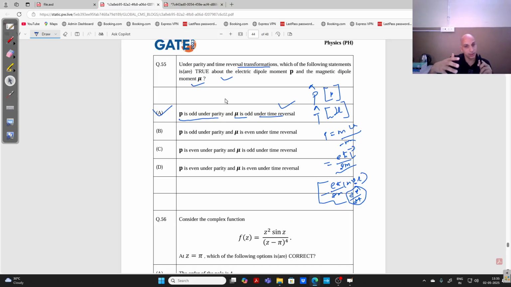If we remember their properties under parity, charge conjugation, and time reversal, then we can solve this type of problem. Now I'm coming to the next question.